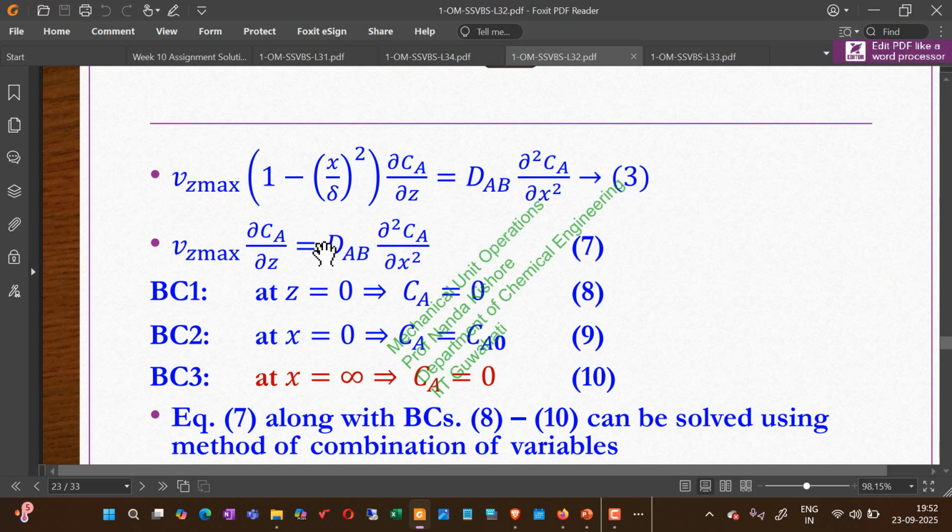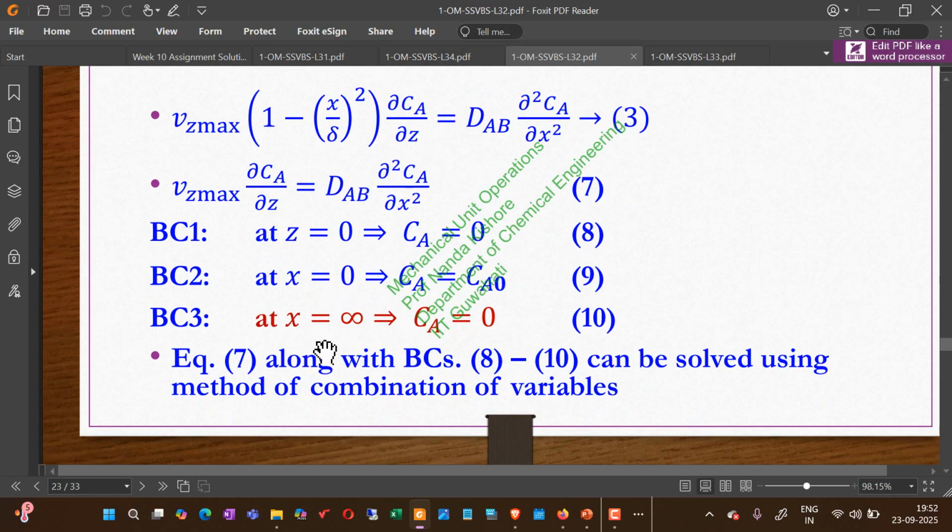So here, no change in velocity. Delta is very small, so x is very small in this distance. Okay, so this you have in this. So at x equals infinity, C is 0.